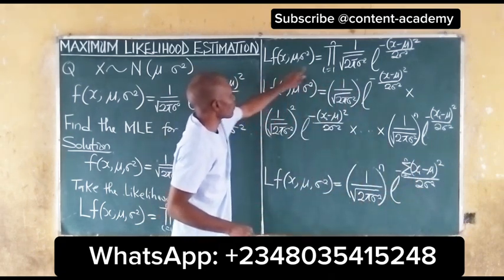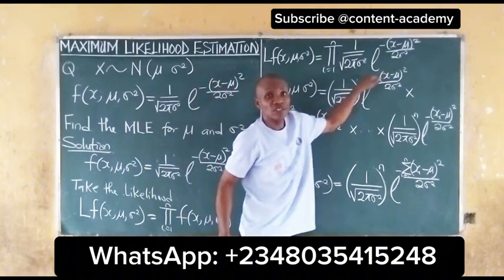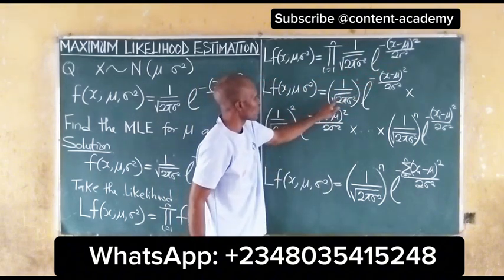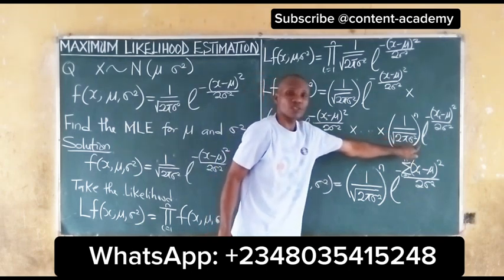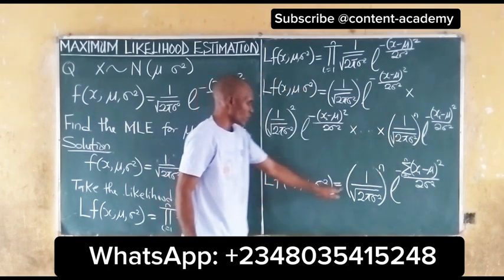So if you take the product of the normal distribution, this is what we get. We get this multiplied by this, and if you continue that way, you get this. Now, our likelihood function is this.